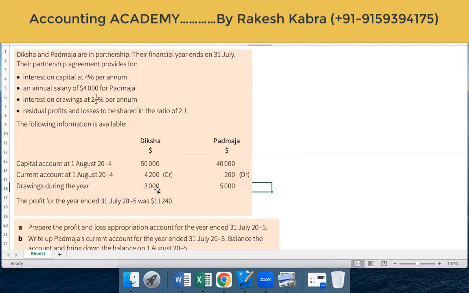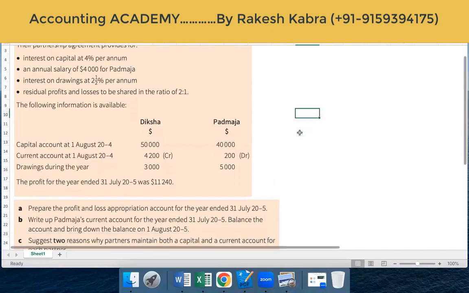Diksha has withdrawn $3,000 and Padmaja has withdrawn $5,000. And the profit for the year ended 31st July 2005 was $11,240.